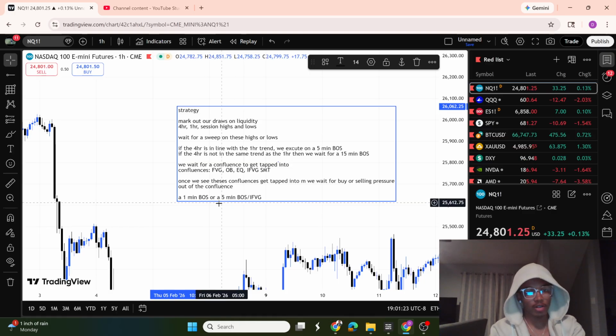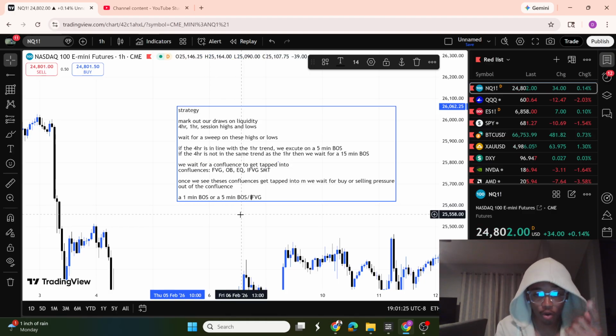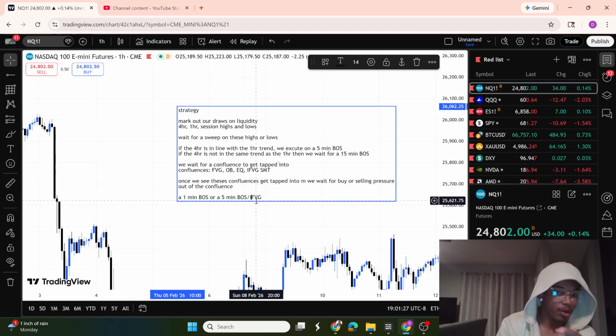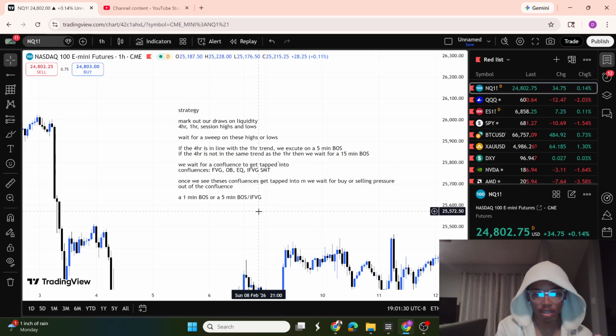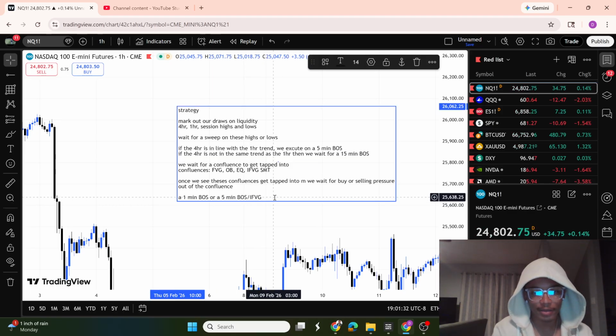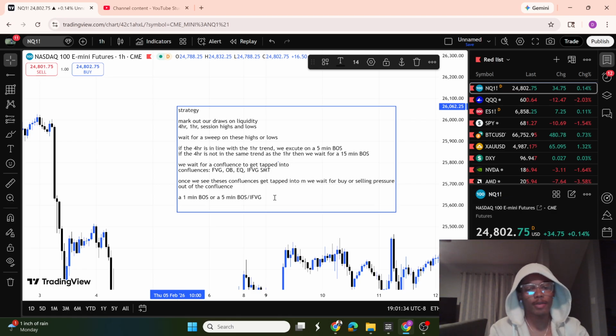Either a 1 minute break of structure or a 5 minute break of structure, or an inverse fair value gap on the 5 minute. You could take it purely off of that, right? And then our take profit would be at our draws on liquidity, because we know what's right there, resting orders. So we have 4-hour, 1-hour, and session highs and lows.